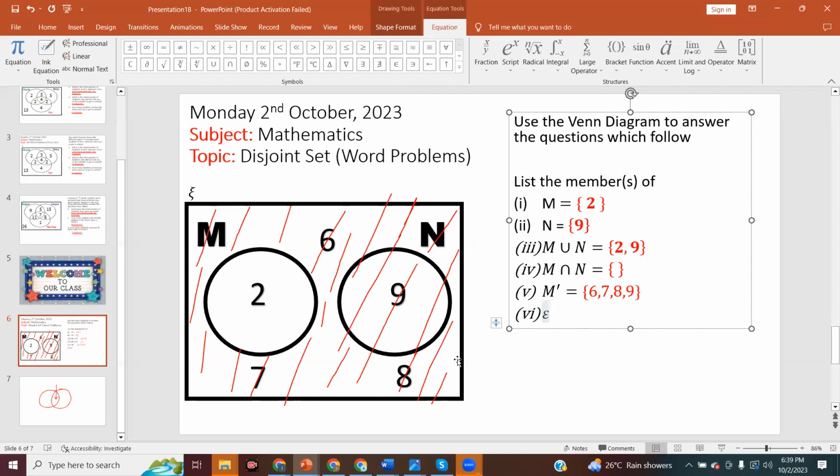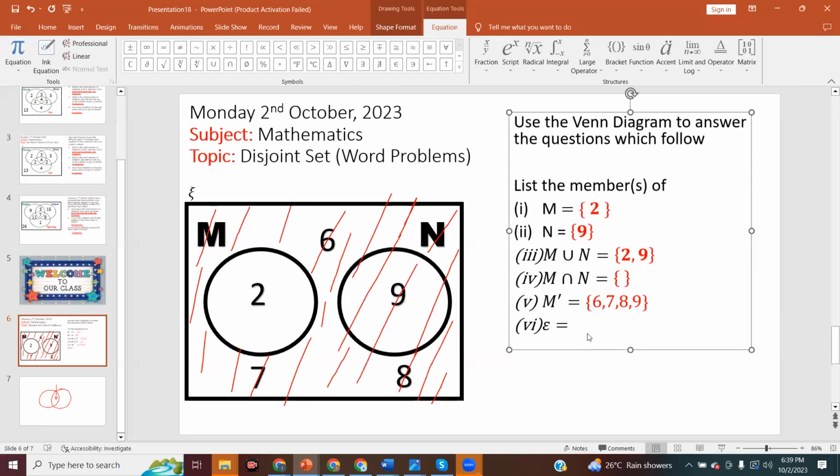Put your answer inside the chat, please. What are the elements inside the set? Put your answer inside the chat for me, please. What do you think is the answer for this?